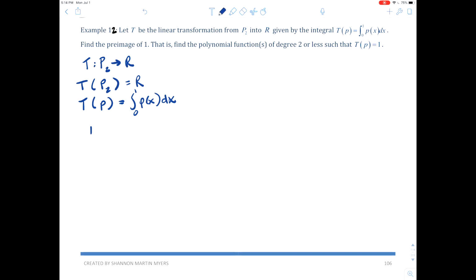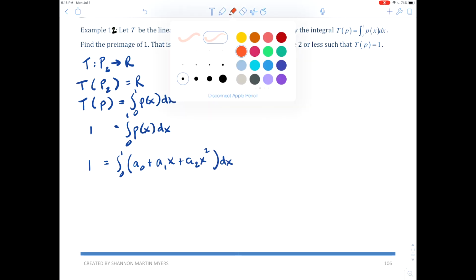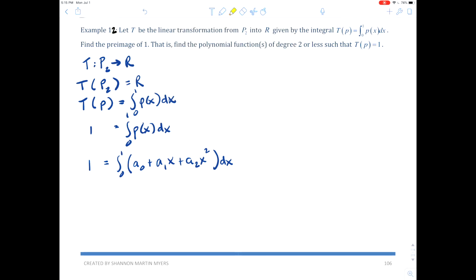So we know that the output when we plug in P to the transformation is going to be the integral from 0 to 1 of P of x dx. Okay? But what P of x do we use? We're working in P2, aren't we? And so it would be the integral from 0 to 1 of, beautiful, a0 plus a1x plus a2x squared with respect to x.